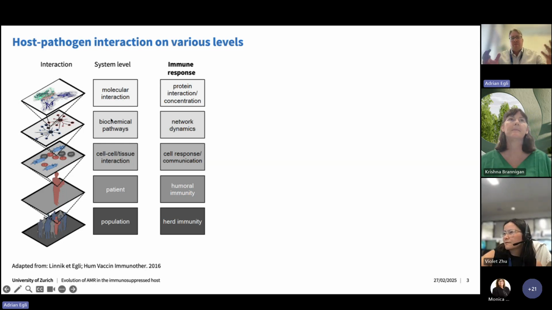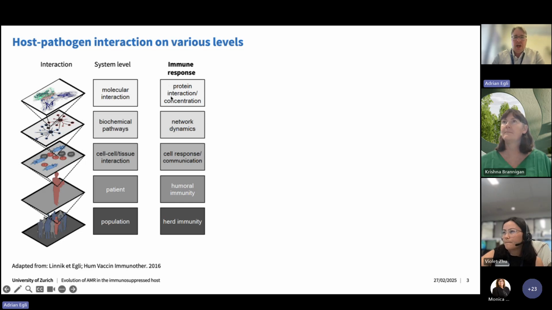This results then in a biochemical signaling pathway, for example. It has consequences then on cell-cell interactions and interactions within tissues. Then you can zoom out to the whole patient to really have this systematic view of the patient. And then obviously you could also make the jump to a whole population.